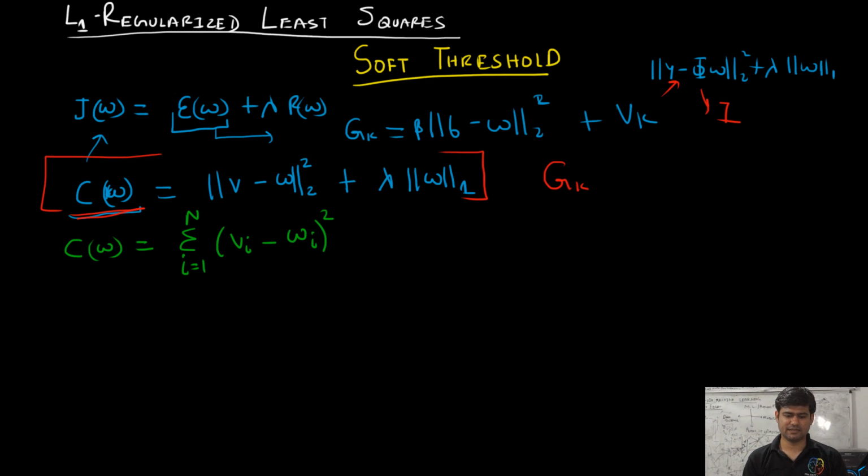We just expanded the definition of the L2 norm, where i denotes the ith component of vector V, plus lambda times absolute value of Wi. We just expanded the definition of the L1 norm.